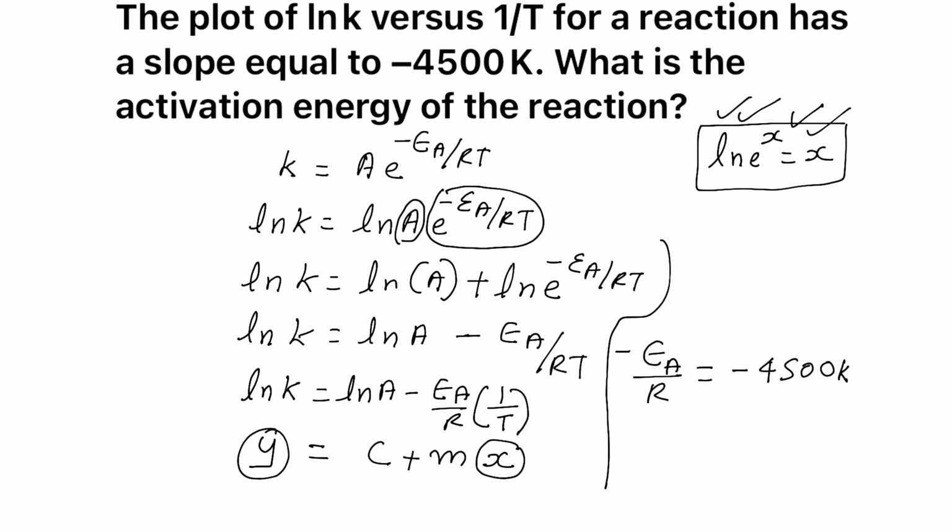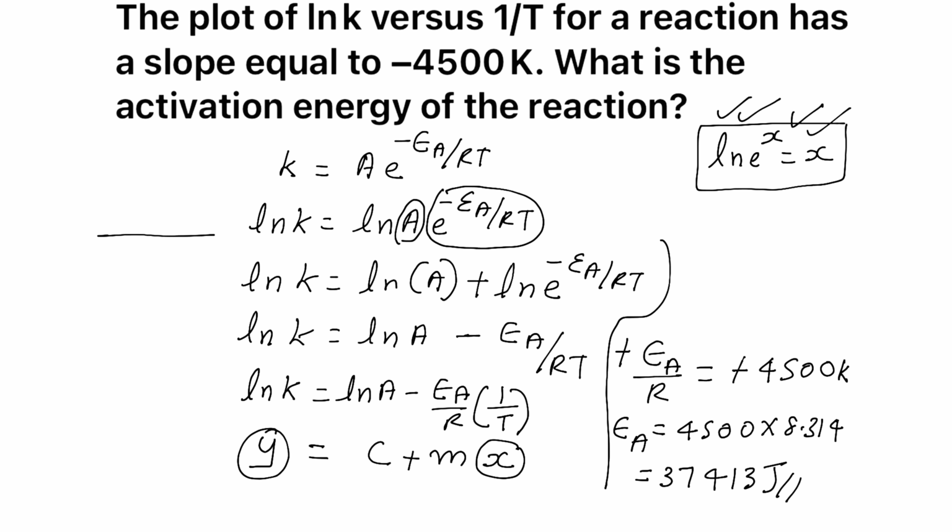4500 Kelvin. Now, the minus gets cancelled. So what is EA? EA is equal to 4500 into 8.314. On multiplying, we will get 37413 joule. Now, if it is an objective question, sometimes they will give the answer in kilojoule.